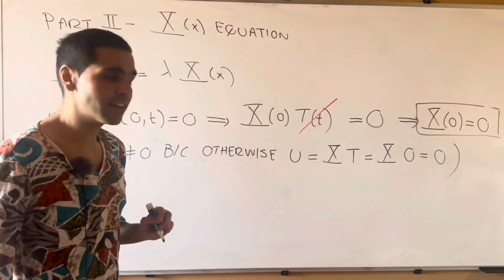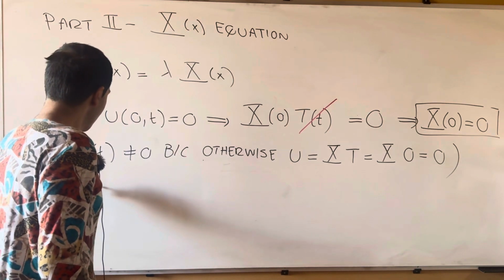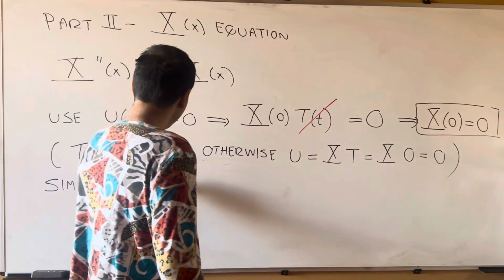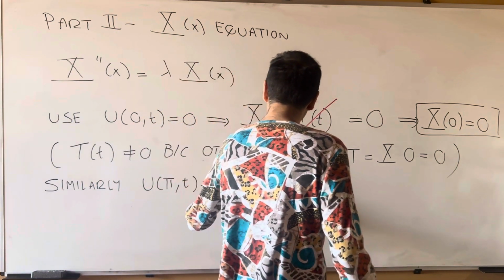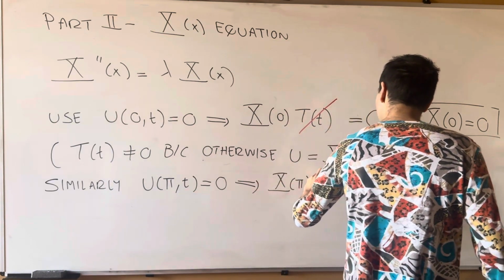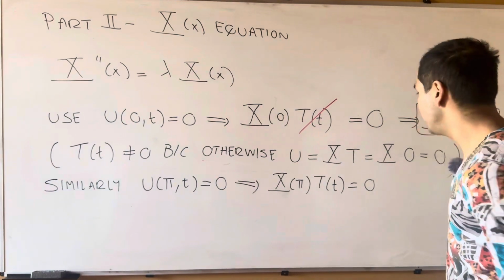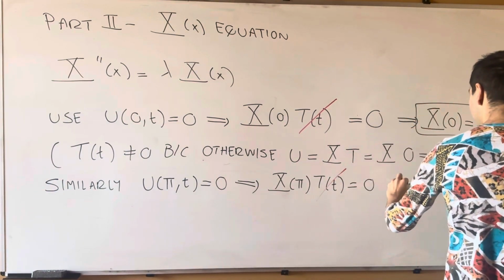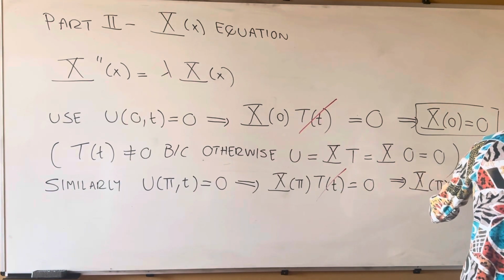So now we have x of 0 is 0, and similarly for the other one, u of pi, t is 0. That tells you x of pi times t of t is 0. We can cancel out the t's, and we get x of pi is 0.